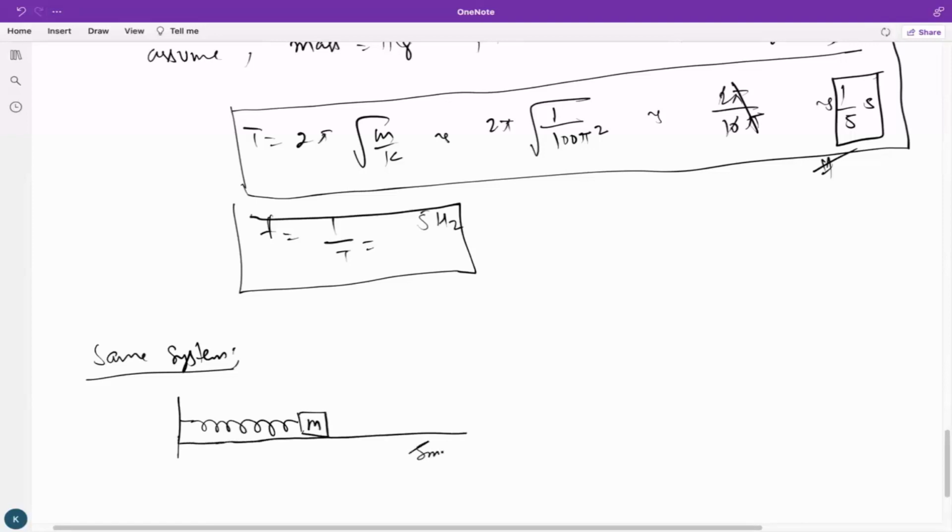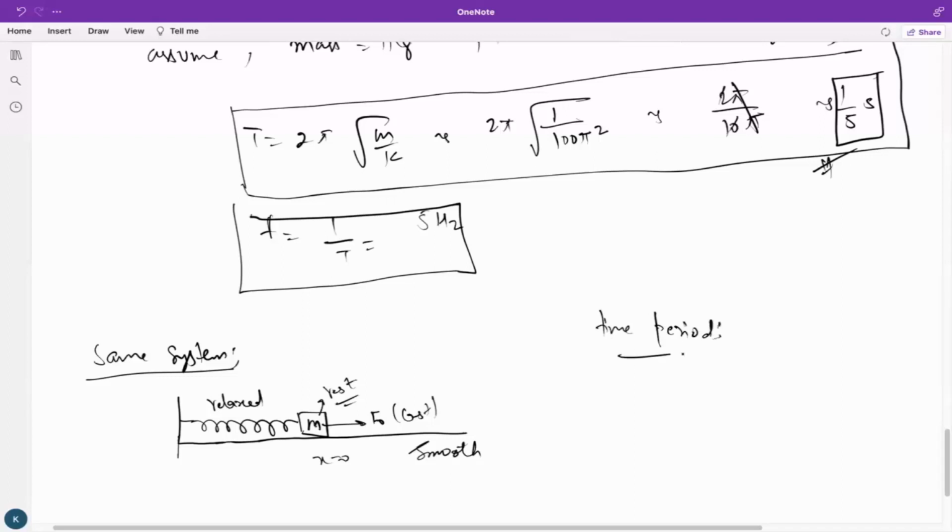This is our smooth surface, this is our mass M, and this is relaxed. Initially there is some constant force F naught acting on the system, and this is x is equal to 0, at rest initially. You have to find the time period.